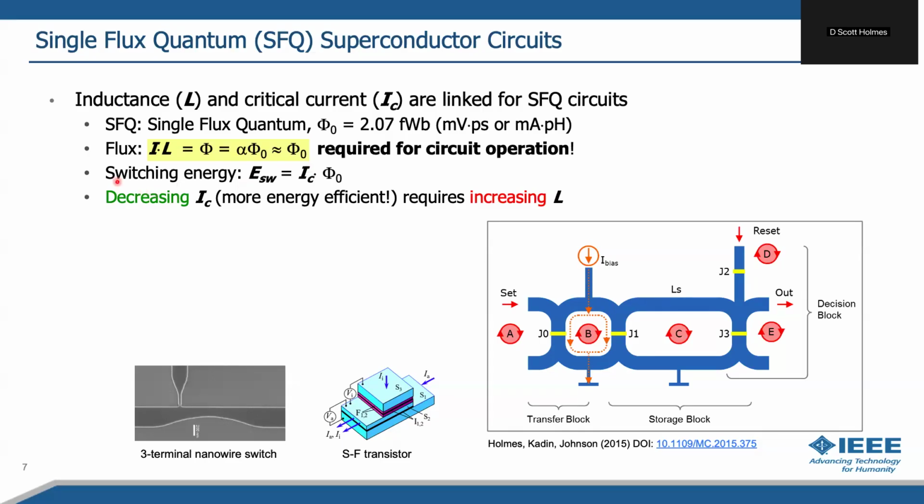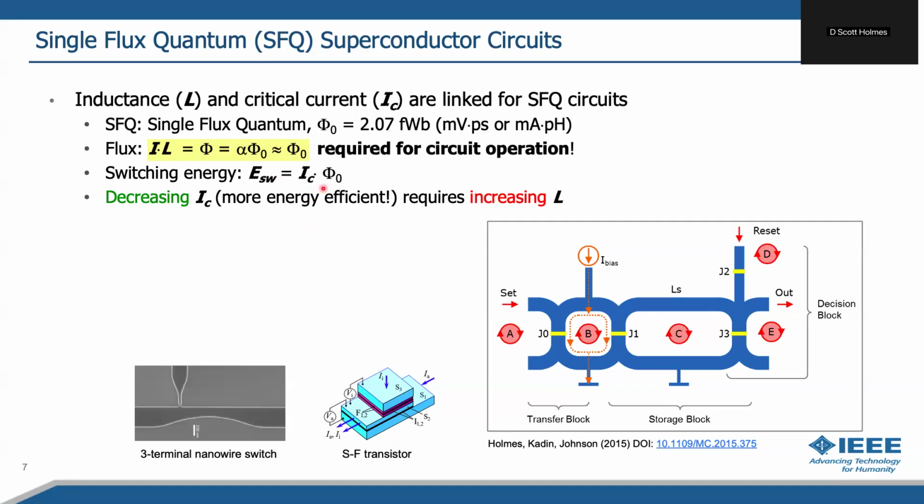So the switching energy is determined by the critical current times phi naught. The importance of the switching energy is that we need to be well above the noise limit, k_B times T. So we want to be above the noise floor, and that's going to tell us what kind of critical current we need.